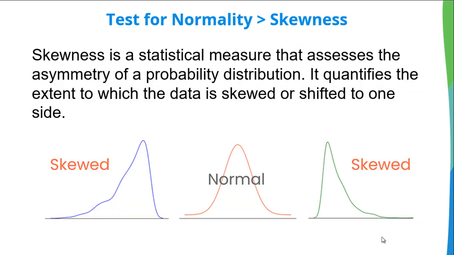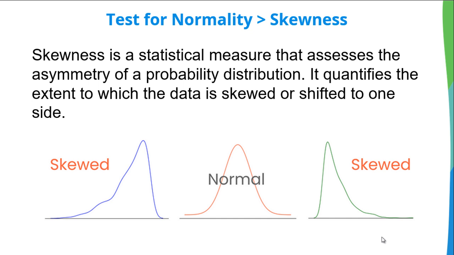So let's go. We have what they call tests for normality, one of which is called skewness. Is the data we are talking about normally distributed? Is it in a proper distribution? Skewness is a statistical measure that assesses the asymmetry of a probability distribution.